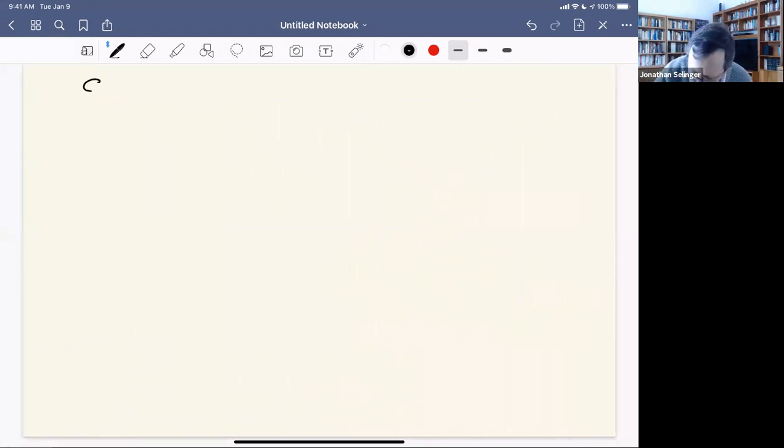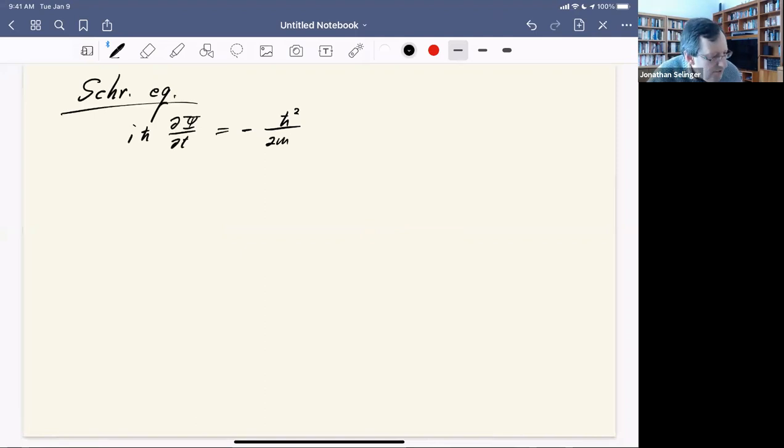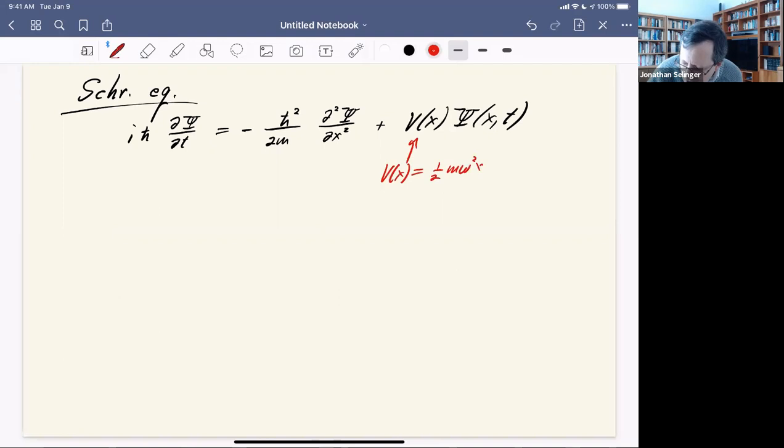Okay, so we have Schrodinger's equation, the same as before. i h bar d psi dt is equal to minus h bar squared over 2m times the second derivative of psi with respect to x plus V of x psi of x and t, where this V of x is 1/2 m omega squared x squared.